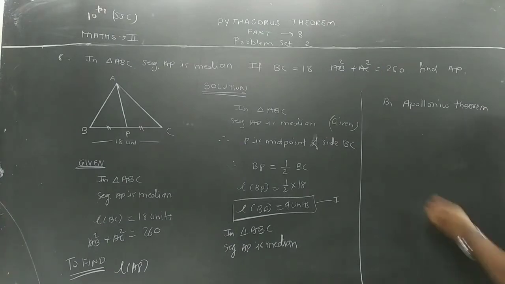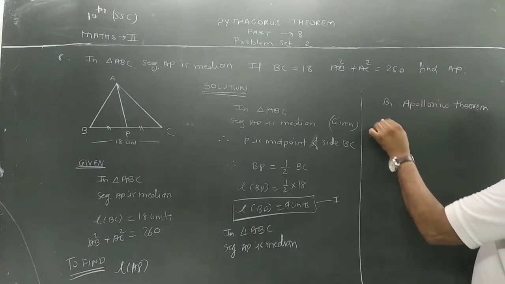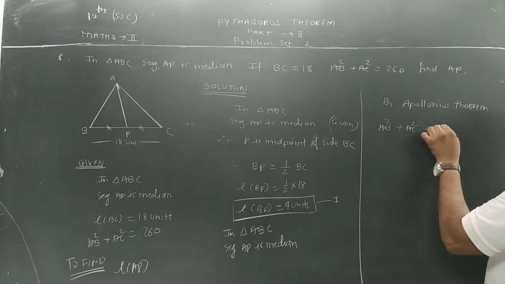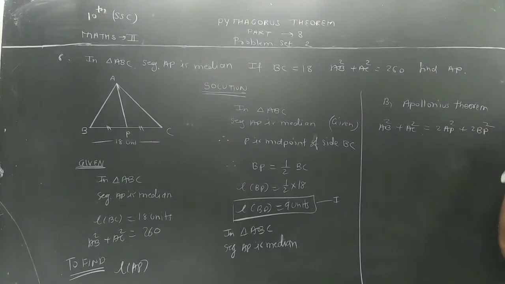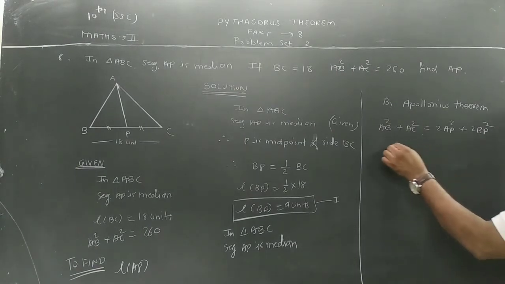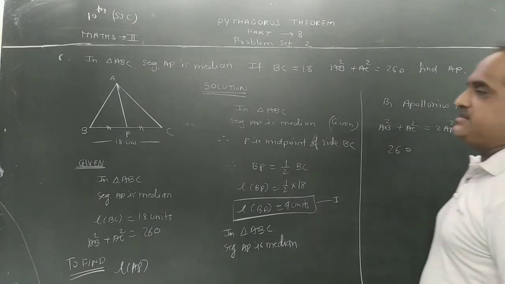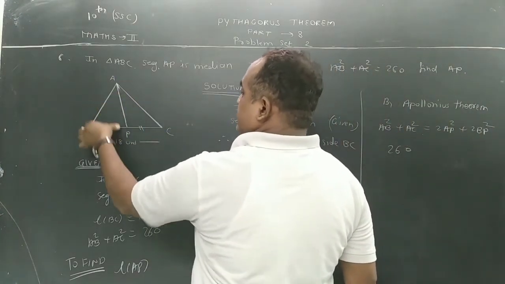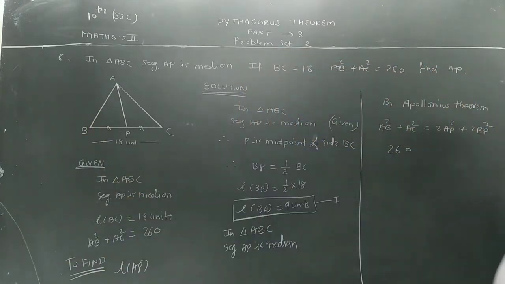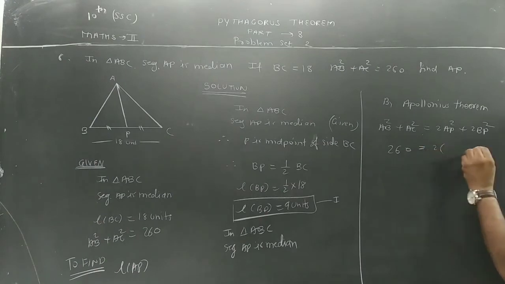I know that AP is a median, means AB square plus AC square is equal to 2AP square plus 2BP square. AB square plus AC square is nothing but 260. We know the Apollonius theorem, na? If it is a median, AB square plus AC square is equal to 2AP square plus 2BP square is the formula. That is equal to 2 into AP square plus 2 into BP square.